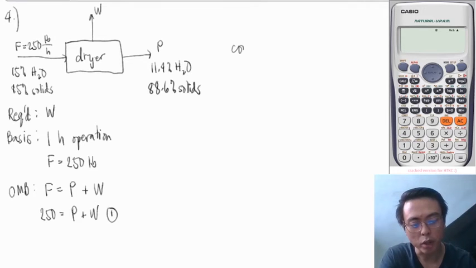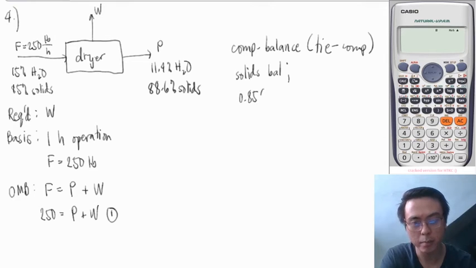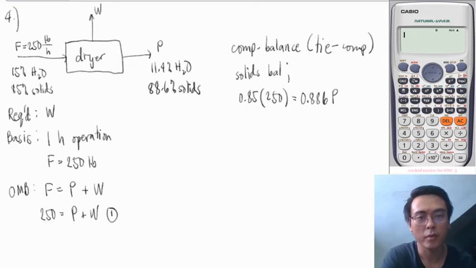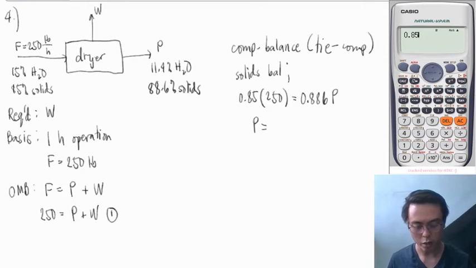Next, component balance. We can use the tie component, which is the solids. So for your solids balance, what do we have? 85% of the feed is equal to 88.6% of P. Solving for P, this is 0.85 times 250 divided by 0.886.